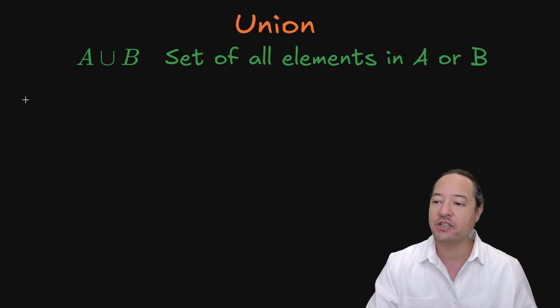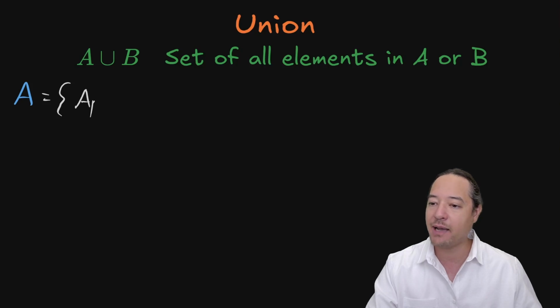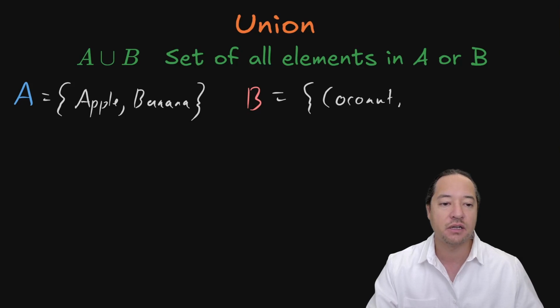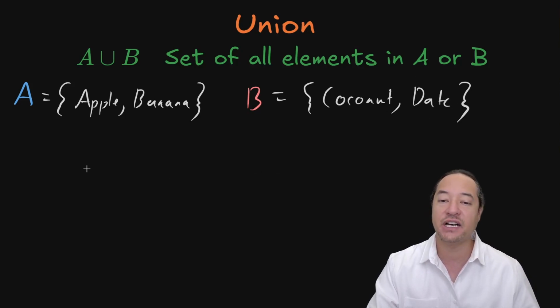Let me illustrate this for you. So how about we define our set A here, and this is going to include, how about our apple and our banana. And then I'm also going to define our set B, and that's going to include, how about our coconut and our date. Okay, so here we have two different sets, and what we can do now is we can put them together, right?